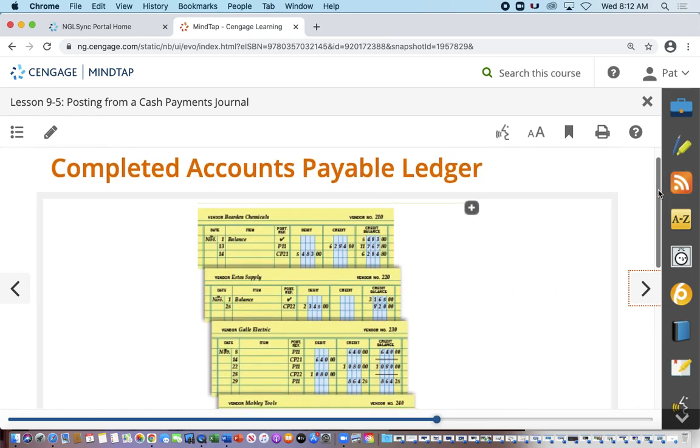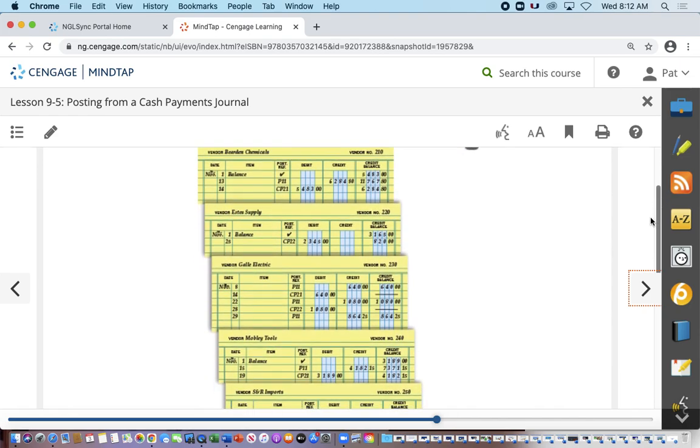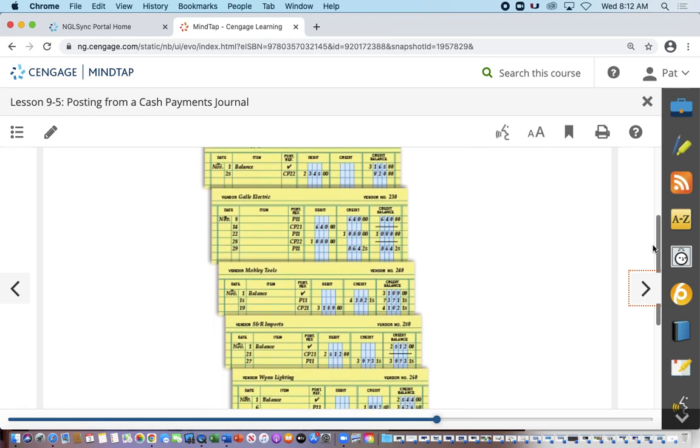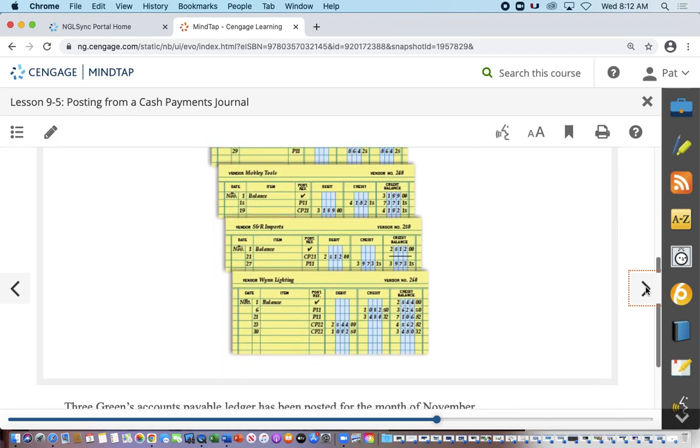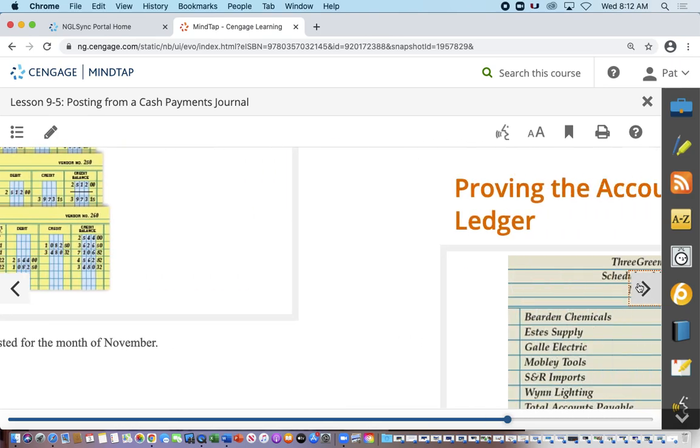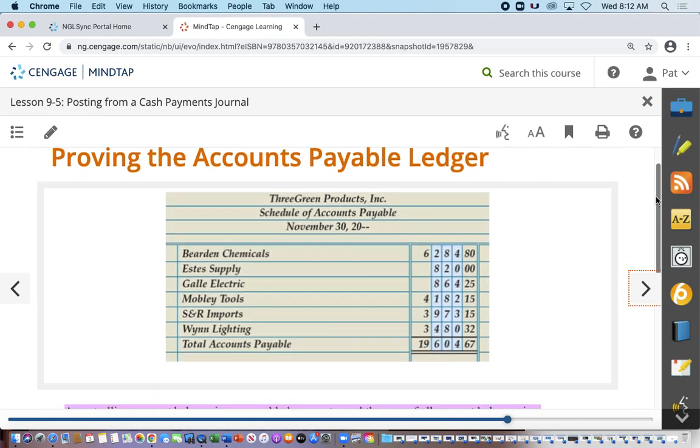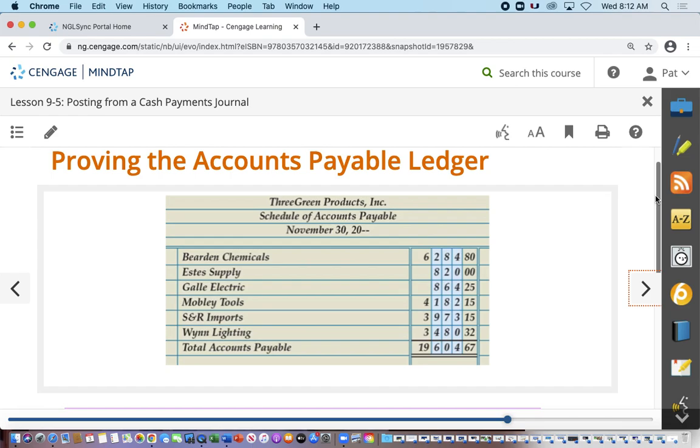They give you a completed accounts payable ledger. This is our subsidiary ledger, so it shows you all the balances that we have. And then you have to prove the subsidiary ledger accounts payable.